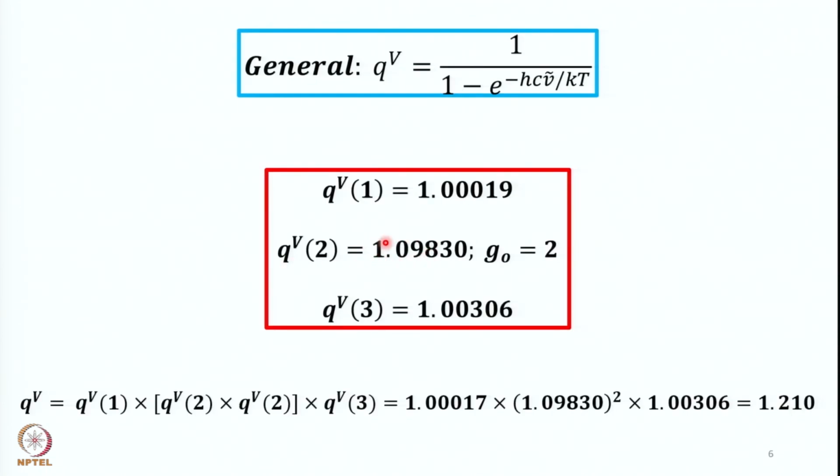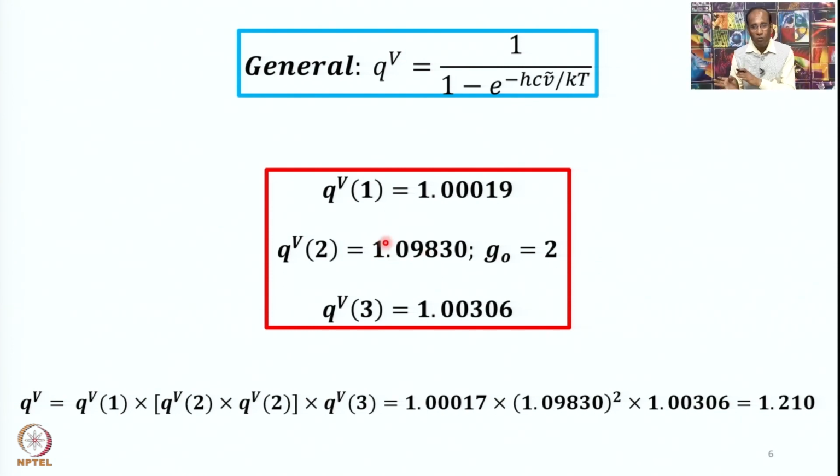This is also not very different from 1. Again, you can assign this reason to the comparison of vibrational temperature with the actual experimental temperature, and the degeneracy for this is 2. Now the third one, which was the second highest, again comes close to 1.